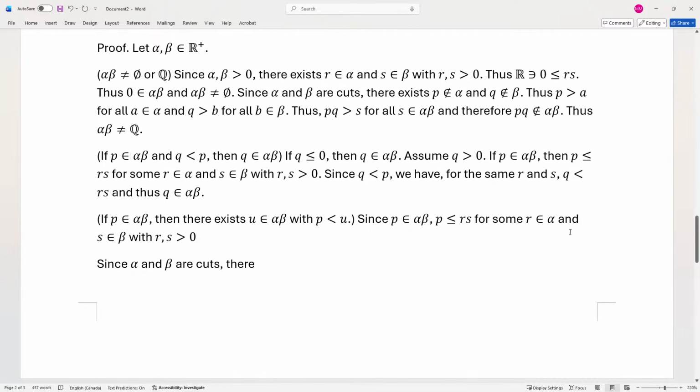Okay, so that's the assumption, P in alpha times beta.